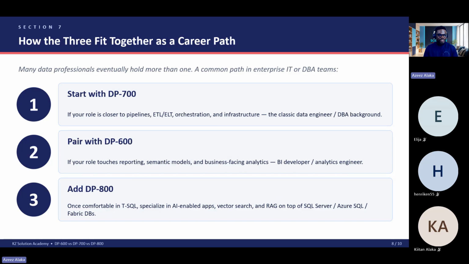All right, how the three fit together as a career path. Many data professionals eventually hold more than one, a common path in enterprise IT or DBA teams. Starting with DP700, if your role is closer to pipeline, ETL, orchestration, and infrastructure, the classical data engineering or DBA background, pair with DP600 if your role touches reporting, semantic models, and business-facing analytics: BI developer, analytics engineer.